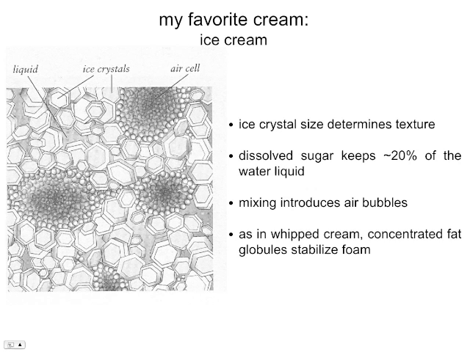So we introduce these air bubbles and disrupt fat globules, and the fat accretes around those air cells, stabilizing that long scale structure. Okay, and again, the fat stabilizes the foam.